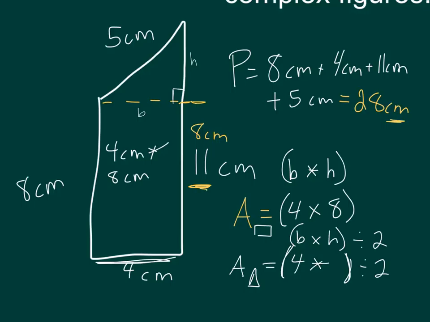So whatever is left over must be the height. Well, if this is 8 and the total is 11, I can count up 8, 9, 10, 11. The height must be 3 centimeters. So I'm going to label that on there. Now I can use that information in my equation at the bottom. So down here I've got 4 times 3 divided by 2. I'm also going to write it in my triangle right now.